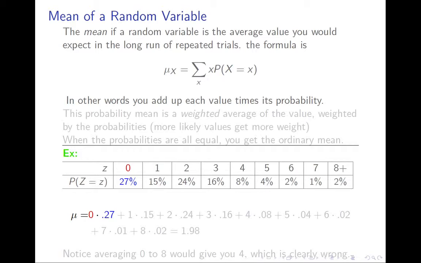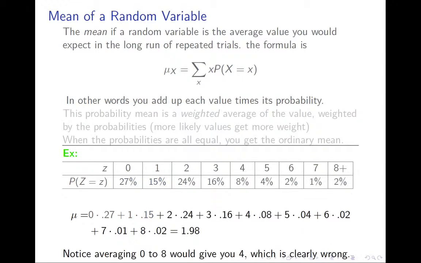We're converting the percentages to decimals because the percentages are just a way of writing decimals. They're a description, they're not the actual number. Plus 1 times 0.15, and so on. We add up each value times its probability, and we get 1.98. So we conclude the average adult American has had 1.98 children. I don't know if they asked only people over a certain age.